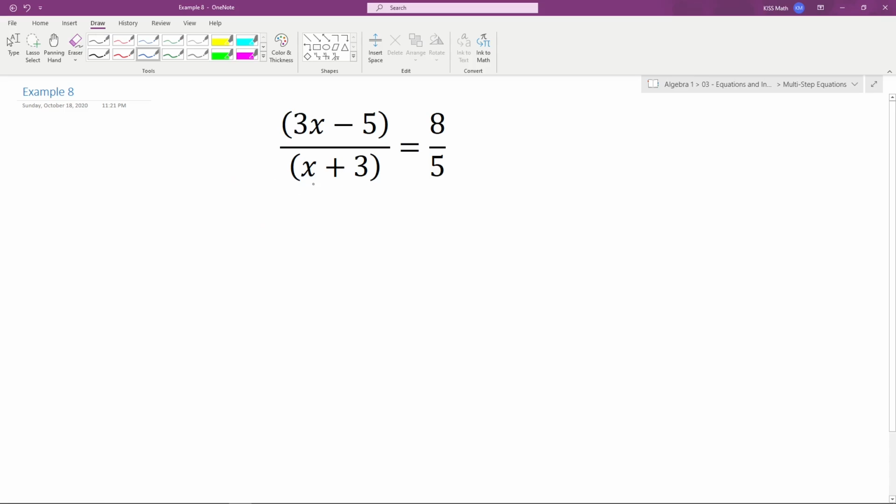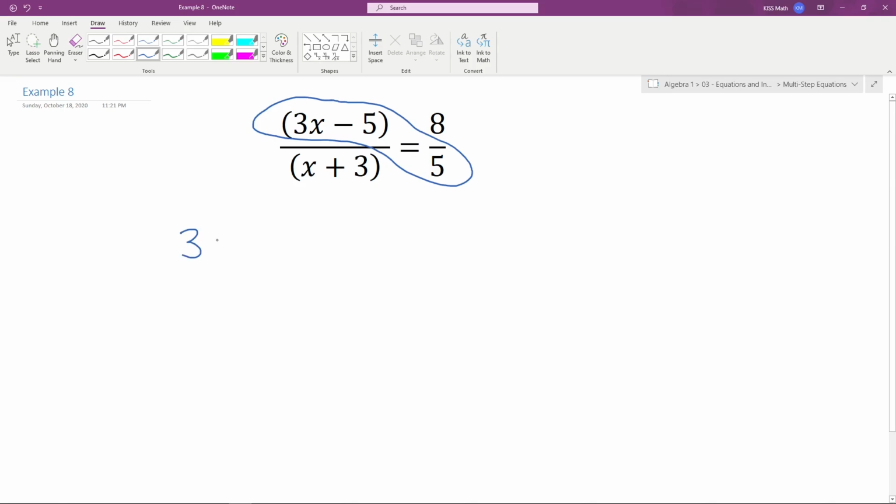And so I want to try and get this x plus 3 out here from the bottom, because I don't know how to solve for this x while it's down here. So what I can do, I can multiply both sides of the equation by x plus 3, this whole quantity. That's possible, but that's kind of the slow route. If we do our little trick here again, this cross multiplication, it'll go much smoother. So I'll take this diagonal and multiply that together.